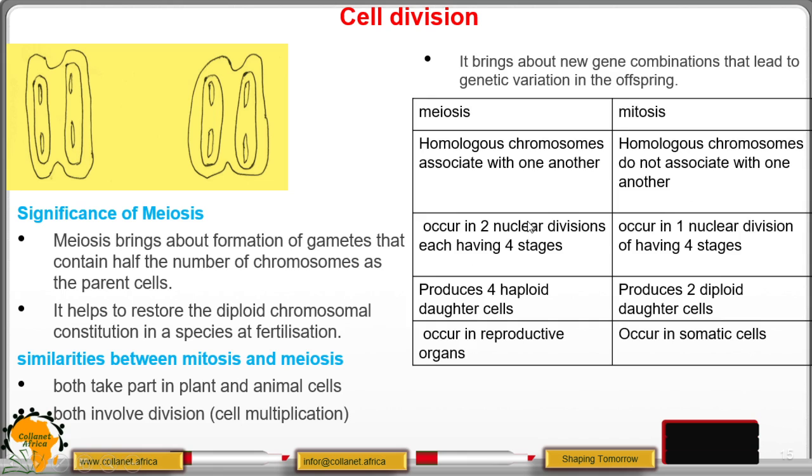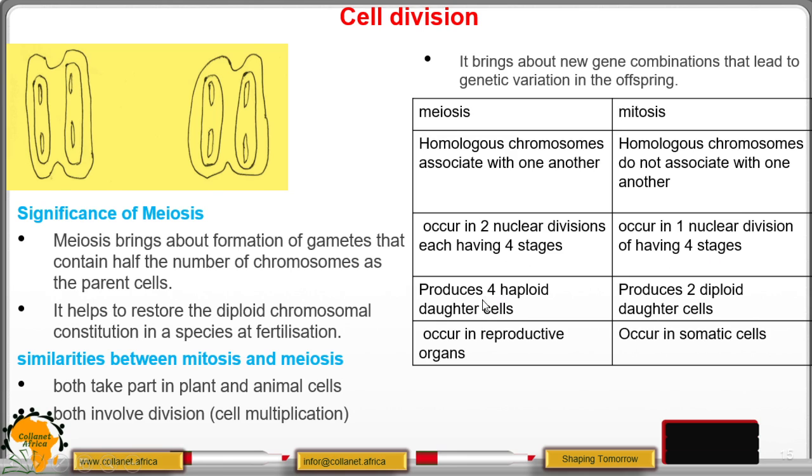Then meiosis occurs in two nuclear divisions, each having stages. So we have meiosis 1 and meiosis 2. But then mitosis occurs in one nuclear division of 5 stages.